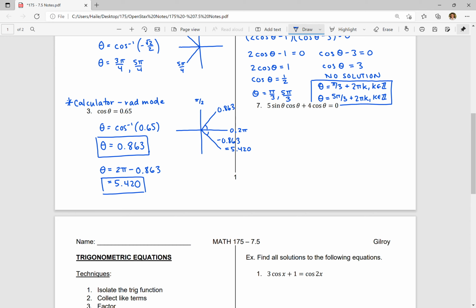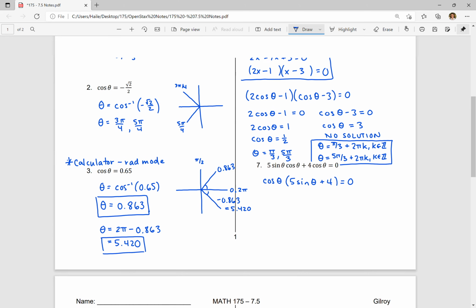So anytime an equation is already set equal to 0, it's a good indication that you should try to factor. And if you notice, we have a factor of cosine in the first term and a factor of cosine in the second term. So we can just factor out a cosine. So this turns into cosine of theta times 5 sine of theta plus 4 is equal to 0.